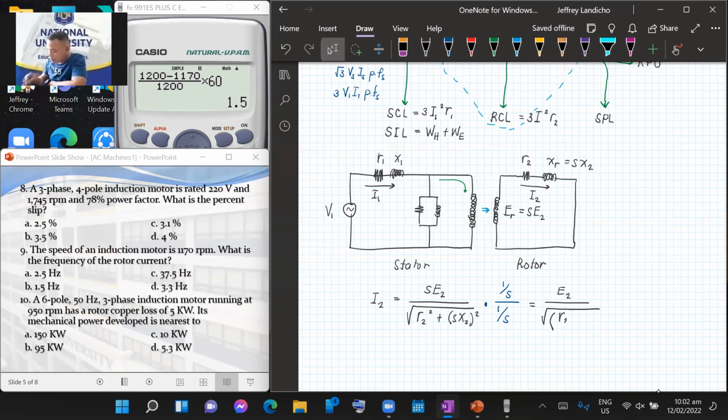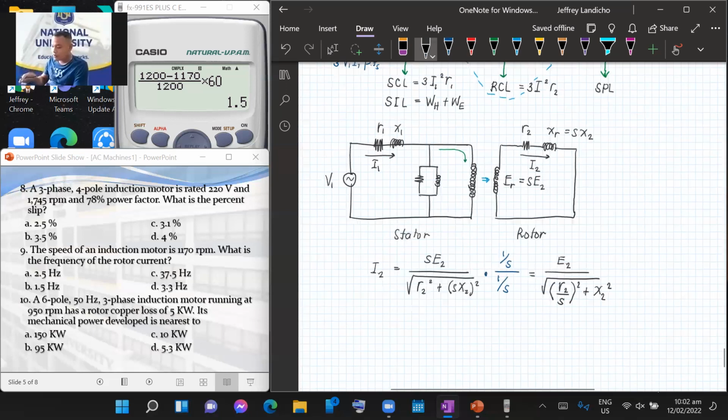Magkakaroon tayo ng R2 over S squared plus X sub 2 squared na lang. Tama ba? So therefore, after natin i-multiply ito, lumalabas that the rotor impedance Z2, it is now equal to R2 over S plus J X sub 2. Diba? Ito yung kanyang rotor impedance.